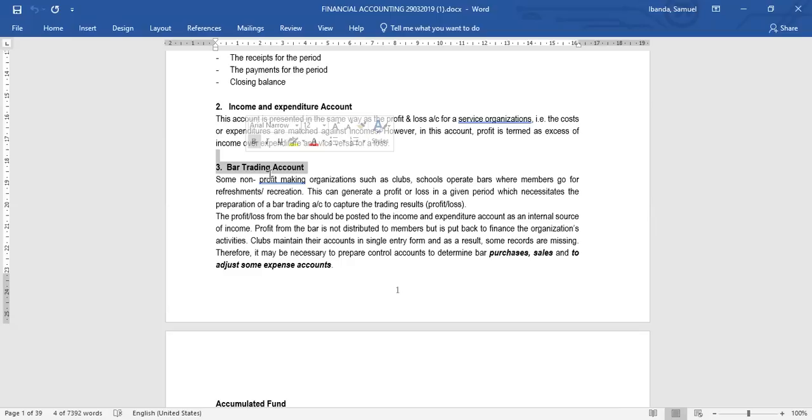So what we do basically is the profit that we get from this trading account that we've drawn separately for the business, we transfer it to the other account as an income, okay? So that is why when you come to your income and expenditure, one of the things you will see is profit from, let's say, the bar, or profit from the school, or profit from the hospital, whatever it is, okay?